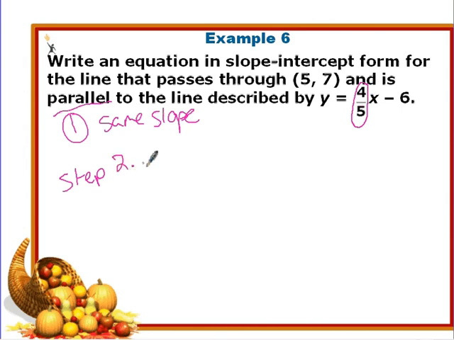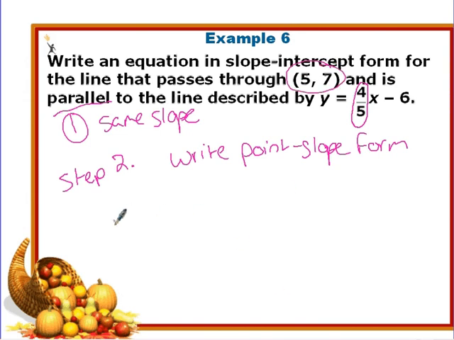And then step 2 is going to be write it in point slope form, having it go through this point. Oh, well, I'll do this one for you. Okay, so point slope form is y minus y1 equals m times x minus x1.